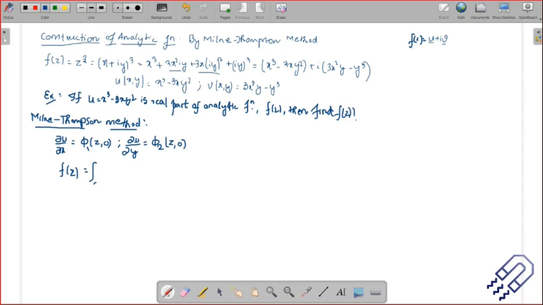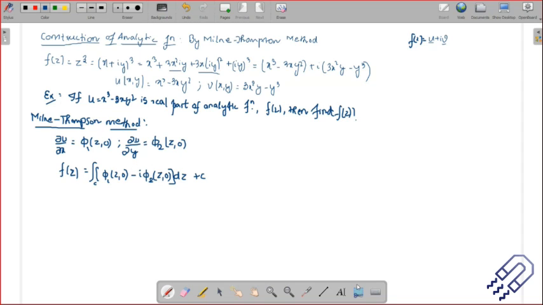F(z) is the integration of phi 1(z, 0) minus i phi 2(z, 0) dz plus c. So this will be the function.